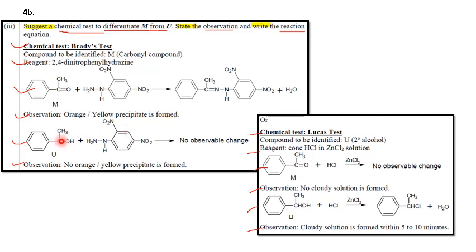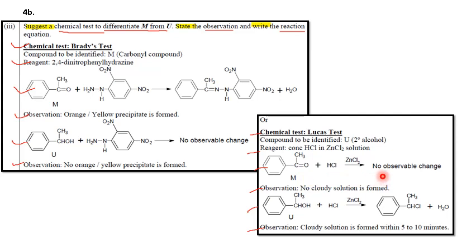And then for alcohol, nothing happens. Or we can test for alcohol by using Lucas test, because this is a secondary alcohol. If a secondary alcohol reacts with the Lucas reagent, cloudy solution is formed within 5 to 10 minutes. But for carbonyl compound, there is no cloudy solution formed.